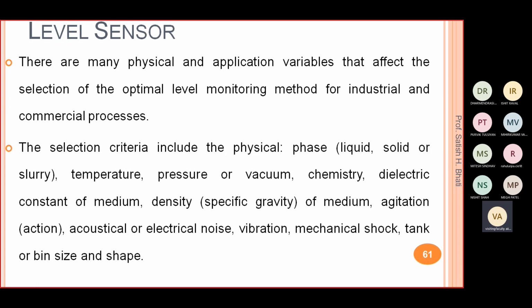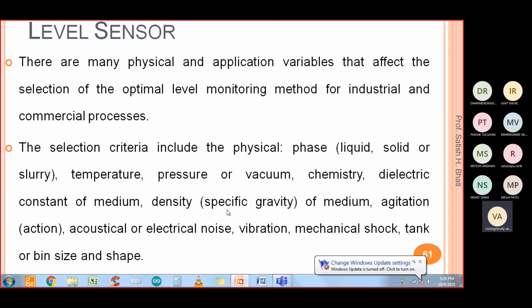Then in what temperature, pressure, or vacuum you are dealing, or in which temperature, pressure, and vacuum you have to measure the level. You also have to see the chemical parameters, like the dielectric constant of the medium.